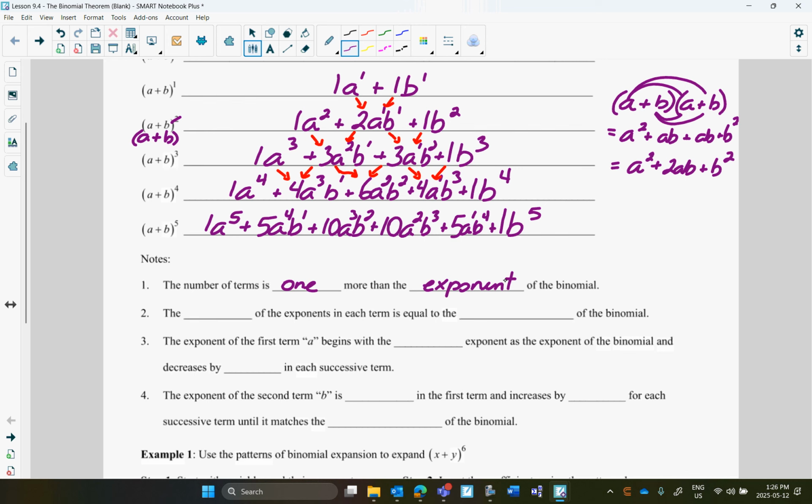The sum of the exponents in every term is equal to the exponent of the binomial. If you look at all of these, 3, 3, 3, 3. Same as here. And then here it would be 4, 4, 4, 4, 4, and so on.